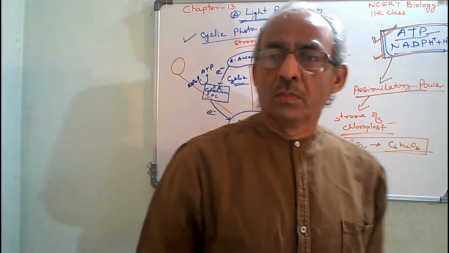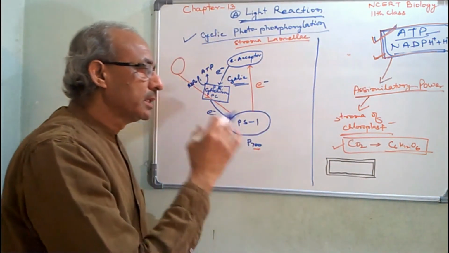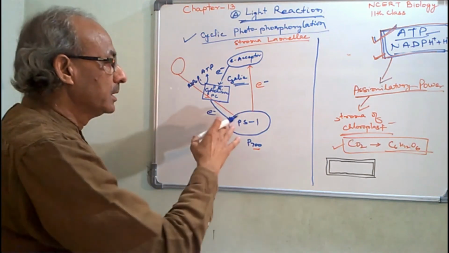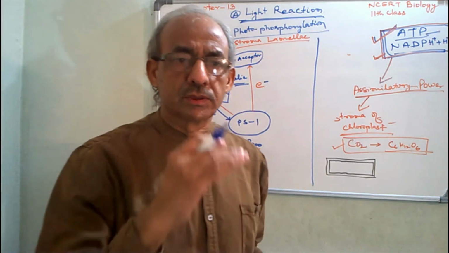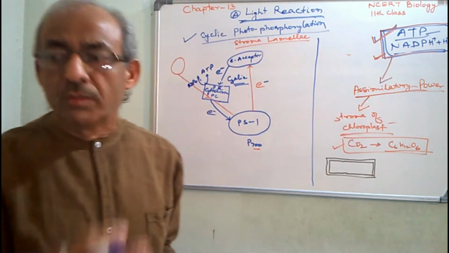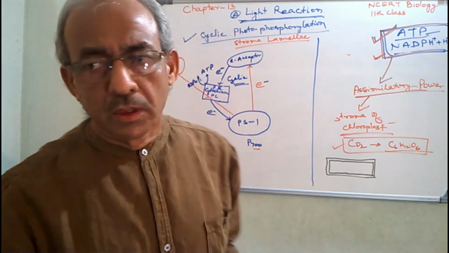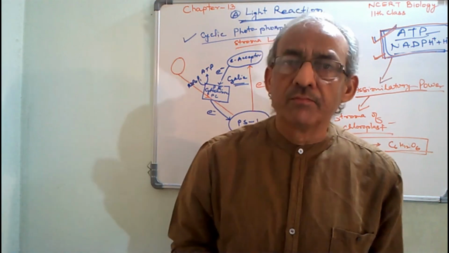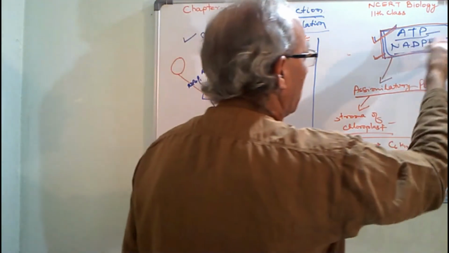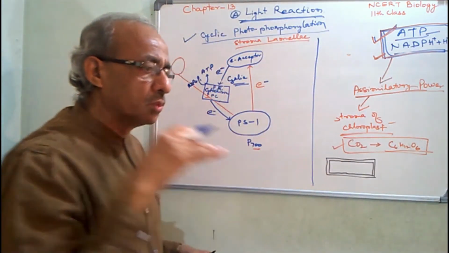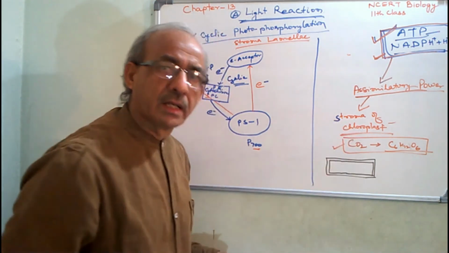And to understand the push-up of assimilatory power from the stroma lamellae as well as from the thylakoids into the stroma, we will study the chemiosmosis hypothesis, by which we will understand how the assimilatory power ATP and NADPH are pushed up into the stroma to participate in the dark reaction.